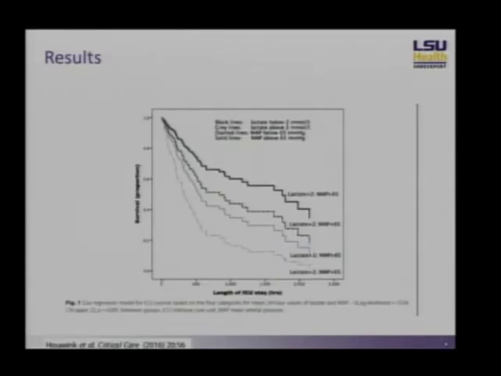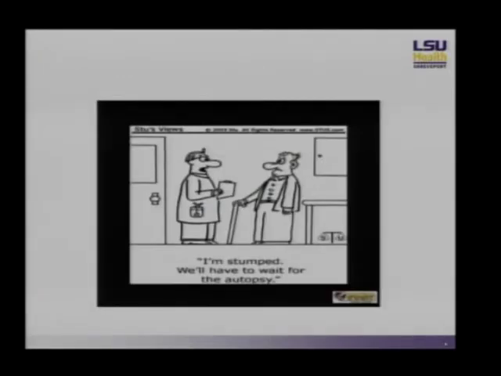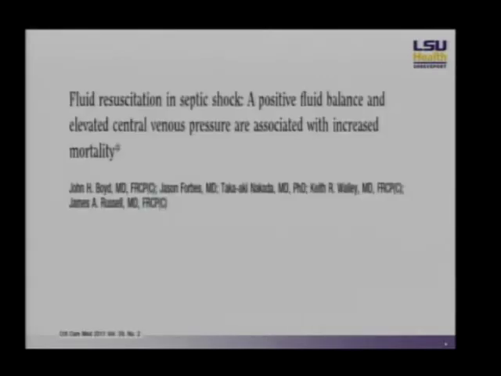And what they found was that by improving perfusion, normalizing your lactate, improving your MAP, patients had the best outcome versus patients that you didn't do that to. So by following your lactates, whether or not you want to push your MAPs or not, patients do better from there. So we're lactate people up at MI, and we believe in using our lactates.